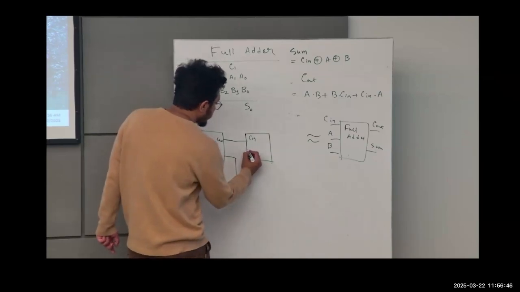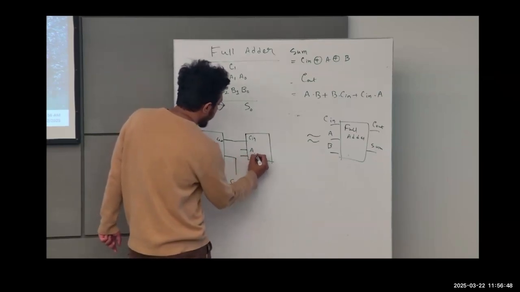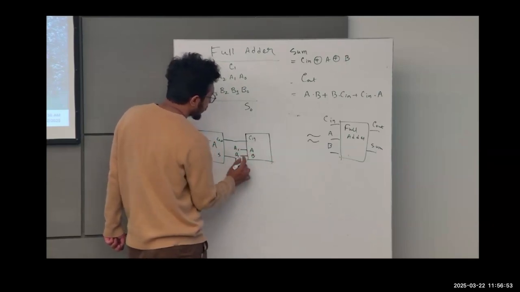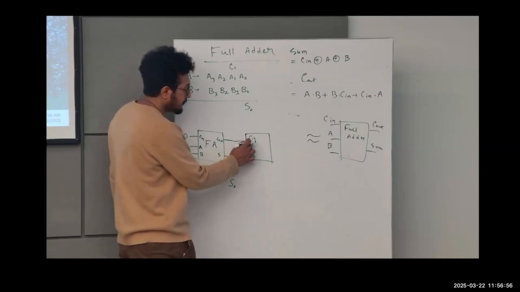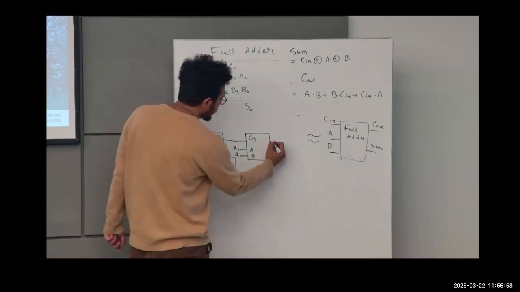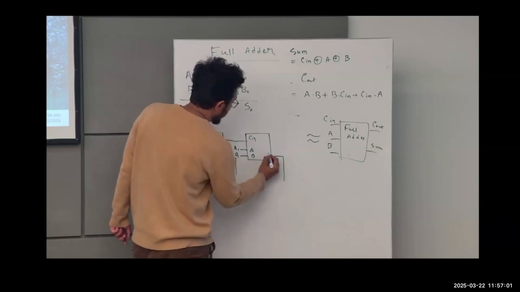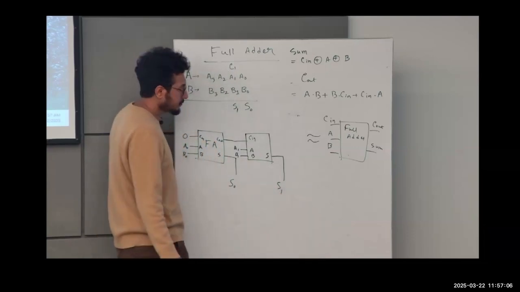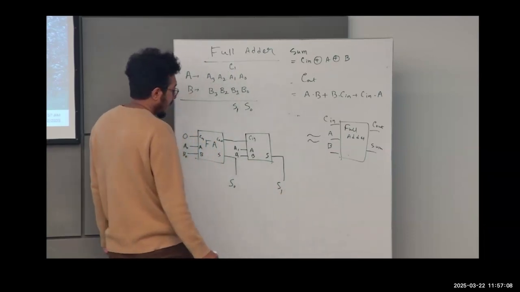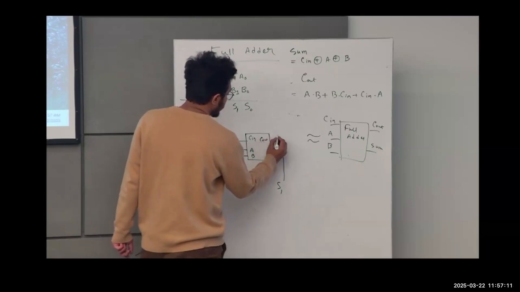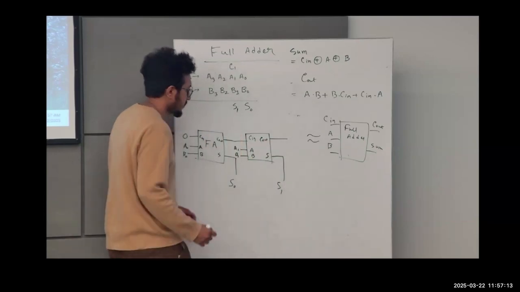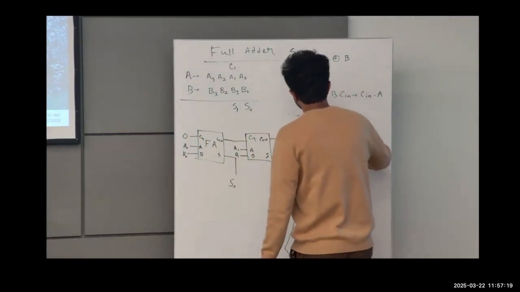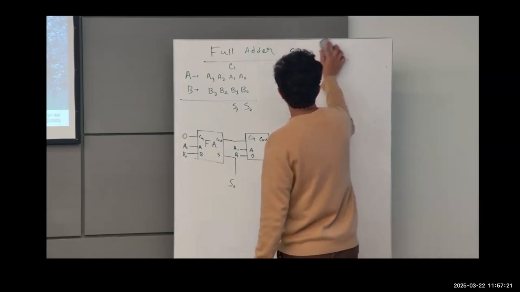Then we have another two pins, A and B. For the next bit, I will put A1 and B1 here and add to the carry from the previous bit, and this will generate a sum, which is S1, right? And the carry out will pass to the next. This is how we will build a 4-bit adder.